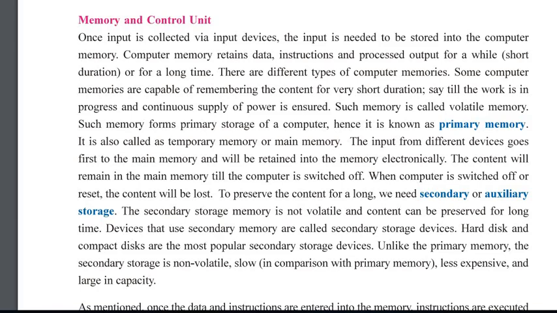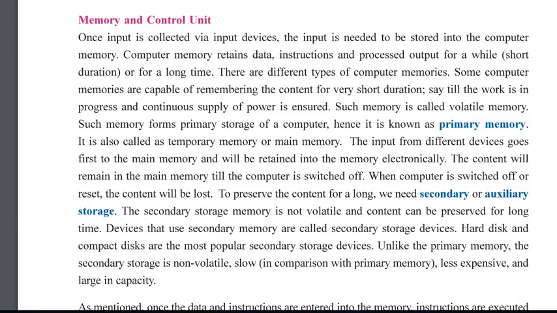Primary memory is the memory which gets lost when you turn off the computer. The best example of primary memory is RAM. When you want to use data for further operations, you have to store it in secondary memory, which means storing the data in the hard disk, CD or DVD.